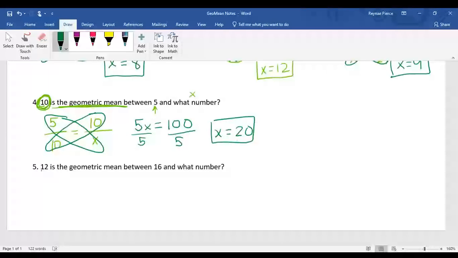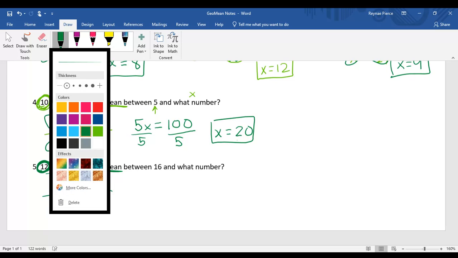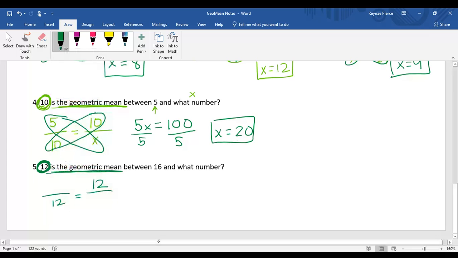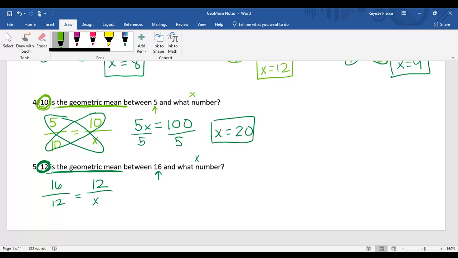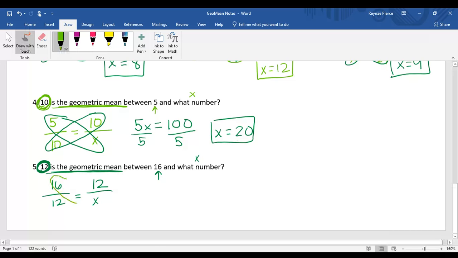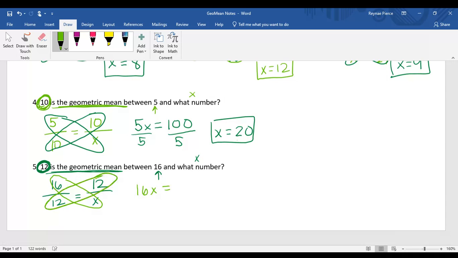Last example, we have 12 is the geometric mean. So 12 is what shows up twice in our proportion. Between 16 and what number? 16 fills in one of my blank spots, and my variable fills in my other blank spot. 16 times x is 16x. 12 times 12 is 144.